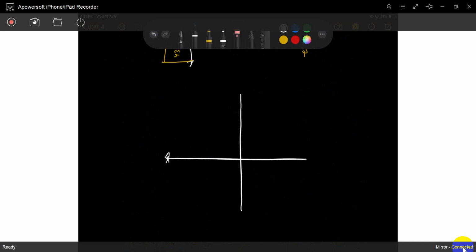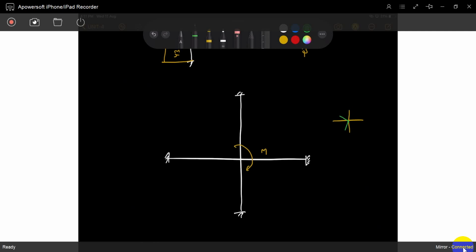If a moment is applied at this joint, a concentrated moment, what will happen? The joint moves like this.